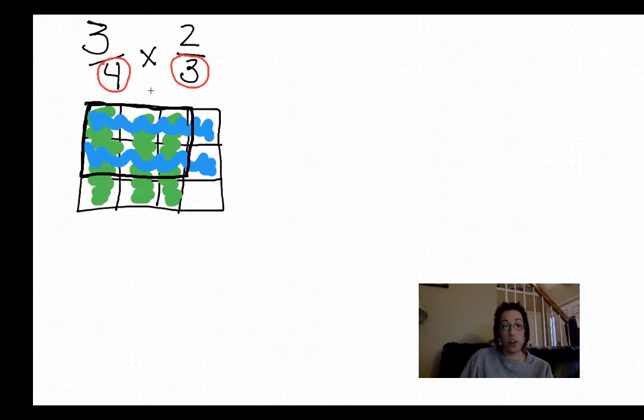So 4 across, 3 down. That means we have 12 little boxes in our one whole. And we are talking about 1, 2, 3, 4, 5, 6 of those 12. So that is our area model.